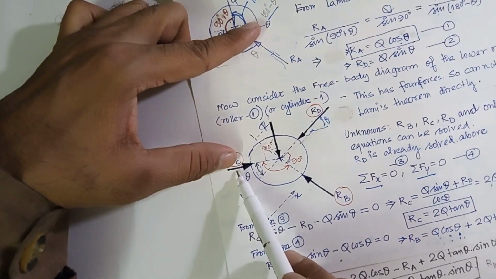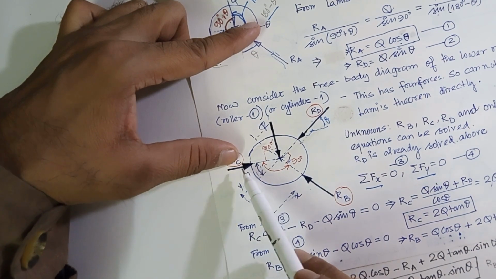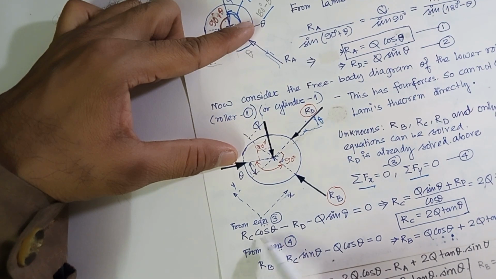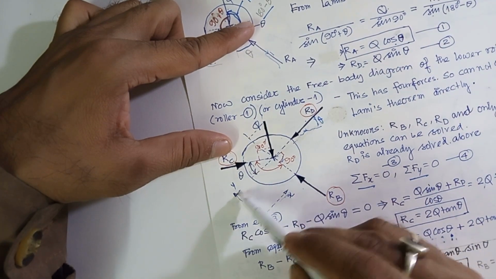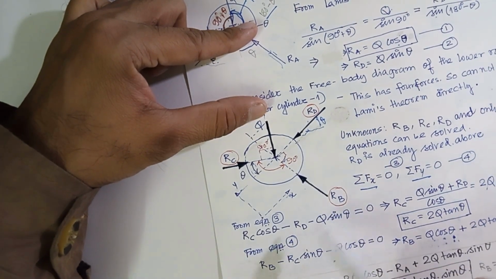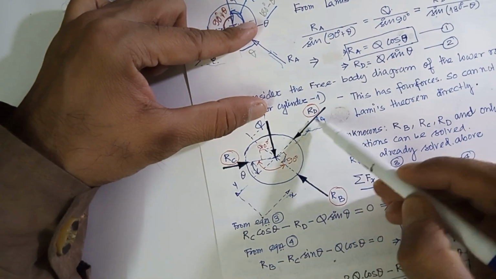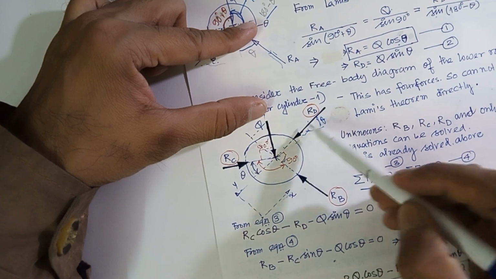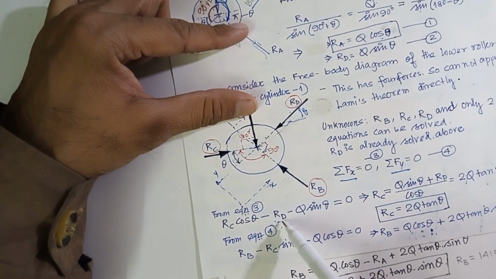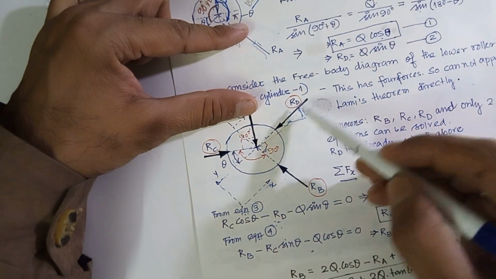So what is the component of RC in the x direction? Since this angle is theta, in this direction it is RC cos theta simply. Then RD is along this direction and it is the x direction, so simply minus RD I have written. No decomposition, RD comes as a whole.